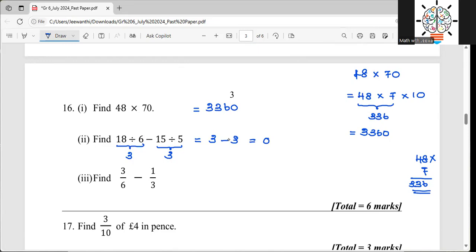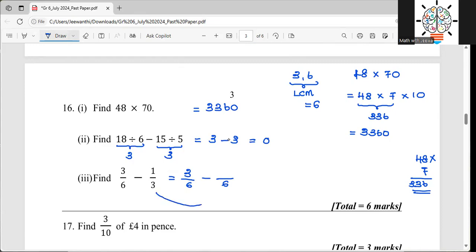And the next one, you have subtraction, but the problem here is we do have two different denominators. We have 3 and 6 as the denominators, and we know the LCM of this. The LCM of this is 6. Then, children, I write 3 over 6 here. And I write the second fraction also with the denominator 6.